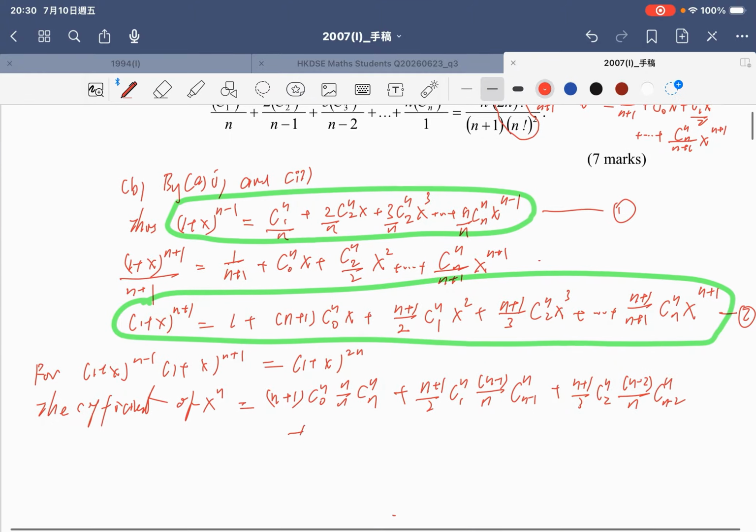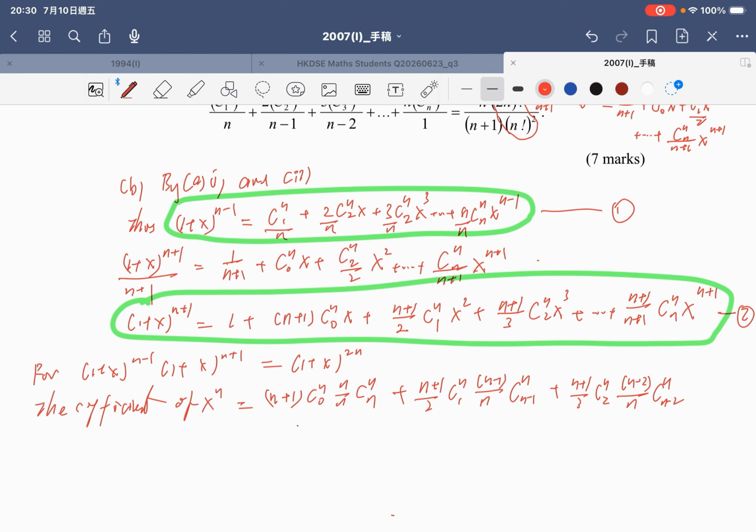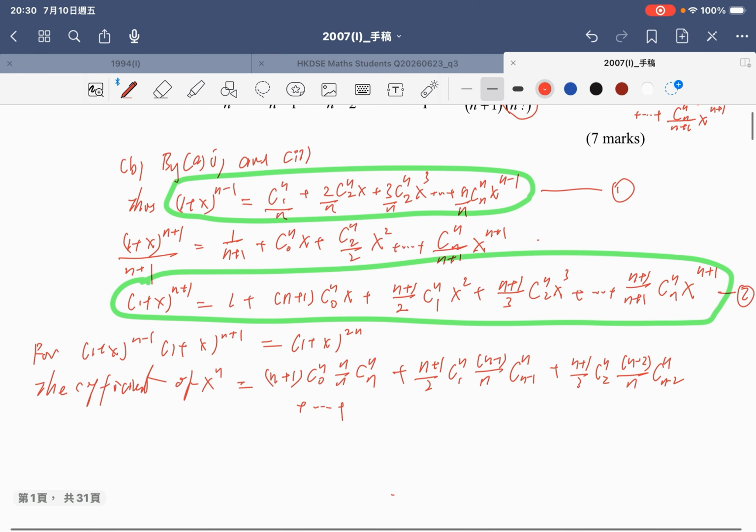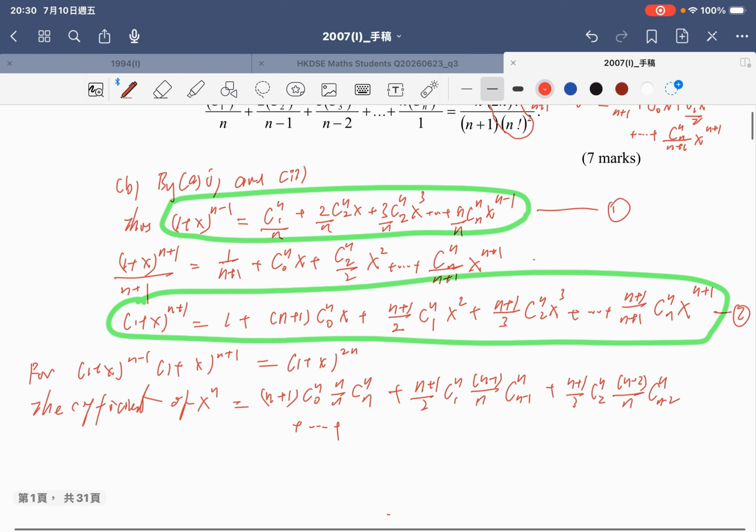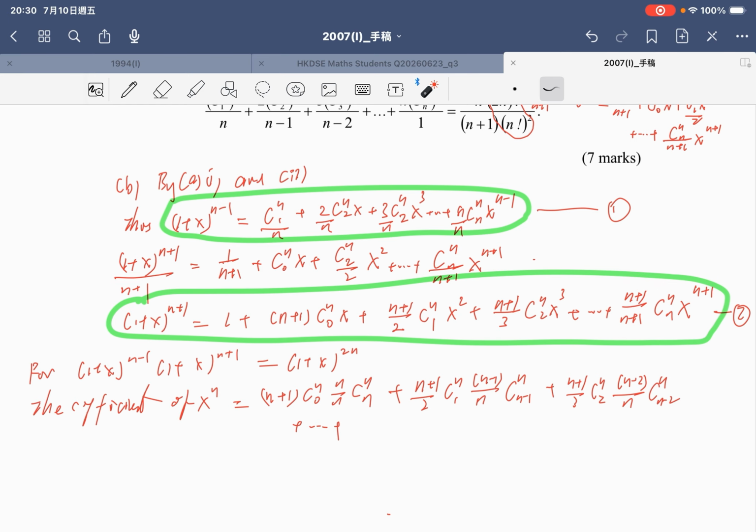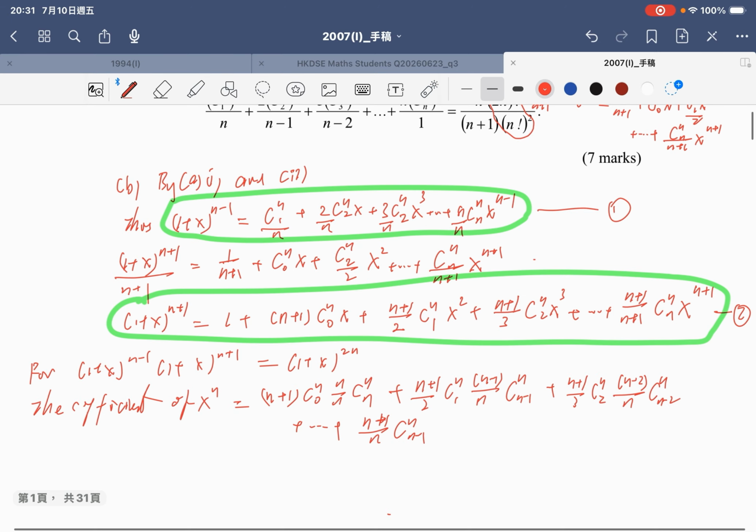Okay. Similarly, for the last term, it is the previous term of this one: (n plus 1) over n nC(n minus 1) times this one, 1 over n nC1.